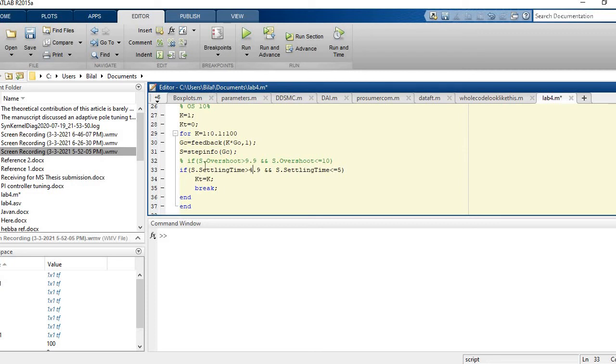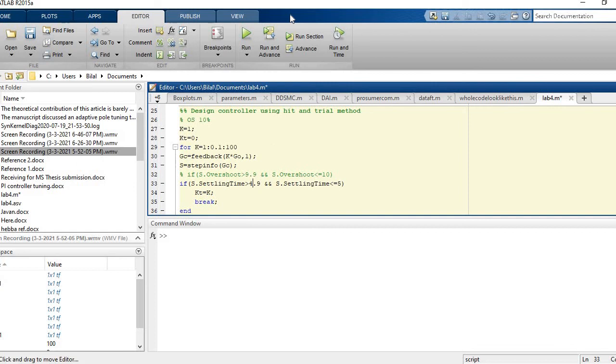Then I define kt, which I use to look at the overall system, and k is for these loops. If I run it, it will try to solve and give us the result.